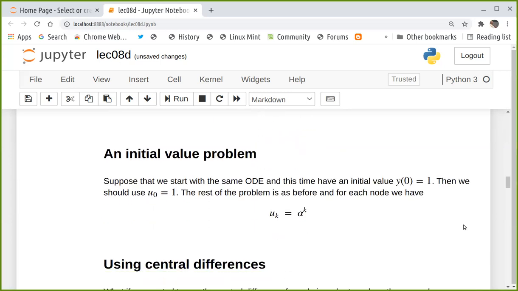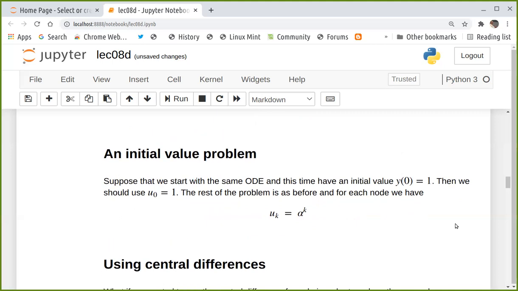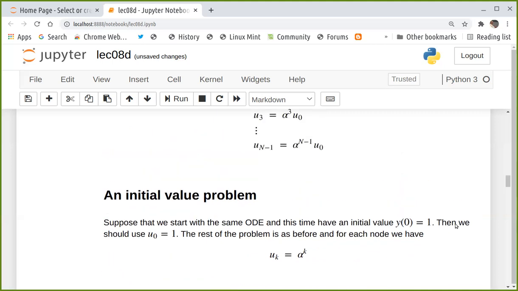And then I get Uk equals alpha to the k. All right. So I don't really have to do much computation here at all. Okay, if that's okay, shall we go on to a slightly more sophisticated way of looking at it?